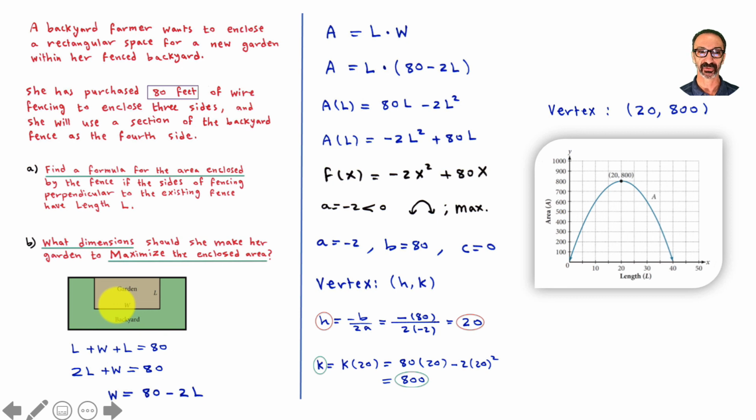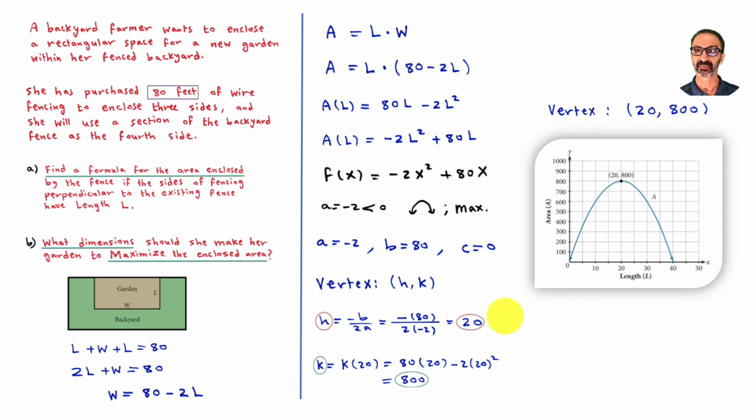That's not a garden to use. It's going to have a 0 area. So if you go extreme on this all the way, or extreme on this all the way, you're going to end up with 0 area. And right in the middle, that will give you the maximum area, which is more balanced and more decent.